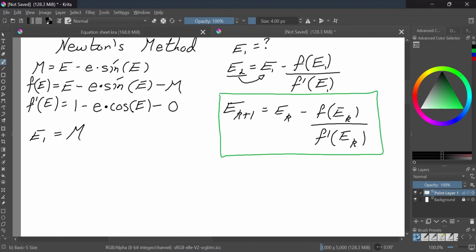If you determine what your M is, then you have a really good starting point for Newton's method. But a better one is M, as before, plus e times the sine of M plus e squared over 2 times the sine of 2M.